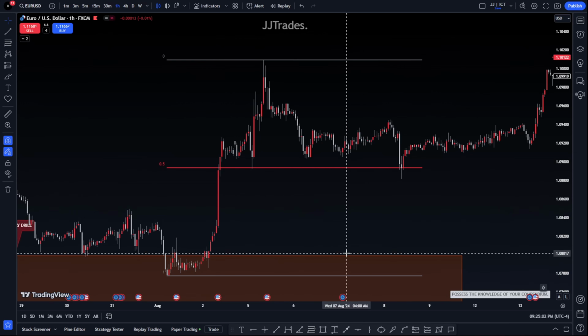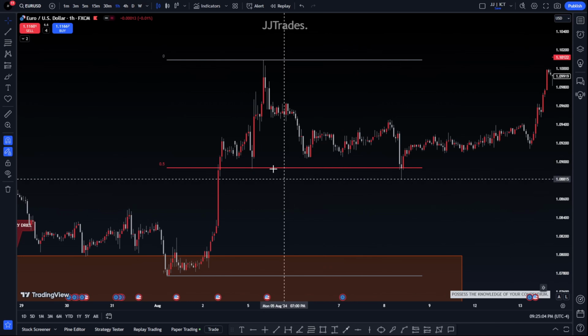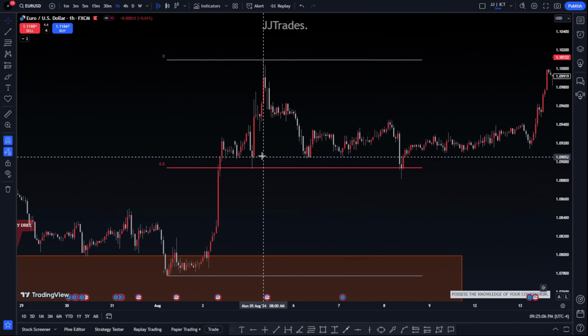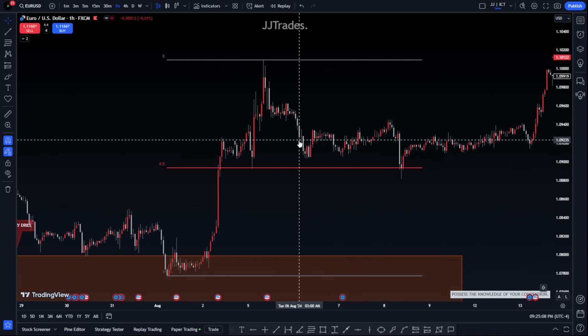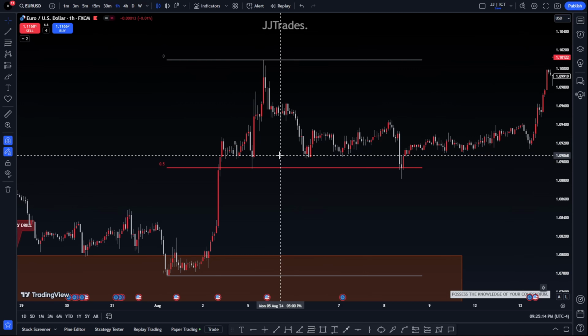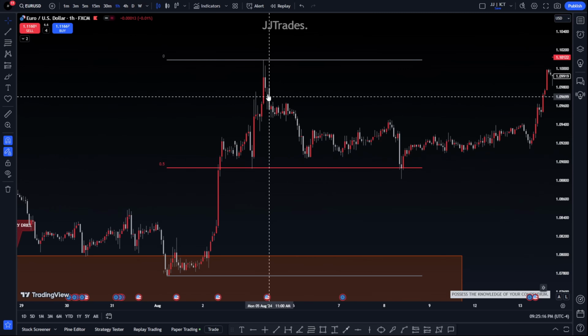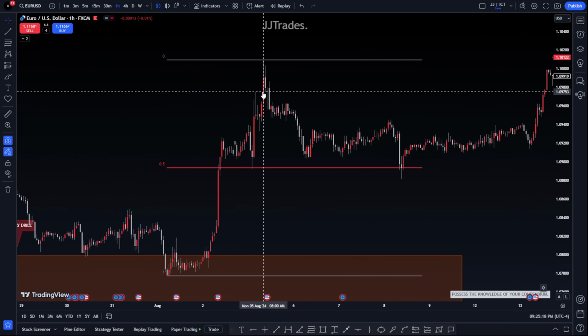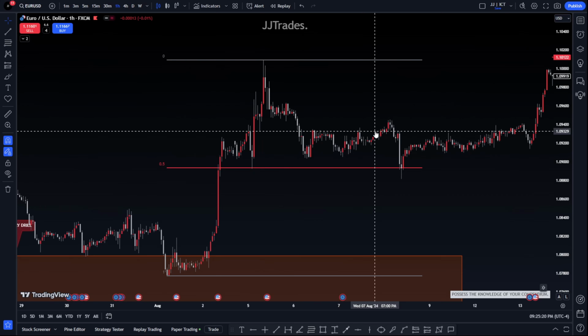But equilibrium can be used for 2 things. First, an expectation to retrace into it first. That's the first and main thing. You always want to expect price to retrace to equilibrium before heading higher, because it's going to do that. That's the second rule of price action. It has to retrace into an equilibrium before heading in a certain direction.